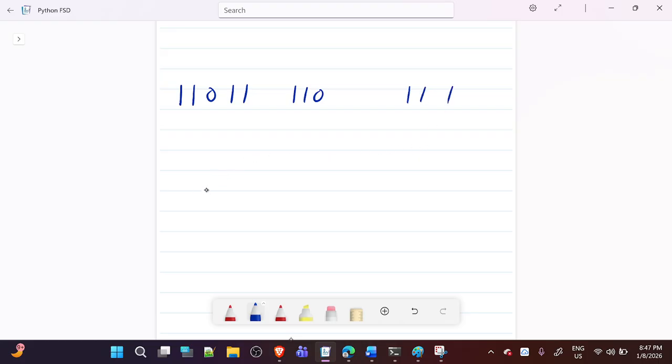Okay, let's suppose this is 2 power 0, 2 power 1, 2 power 2, so 4 plus 2 plus 1, so this is 7.